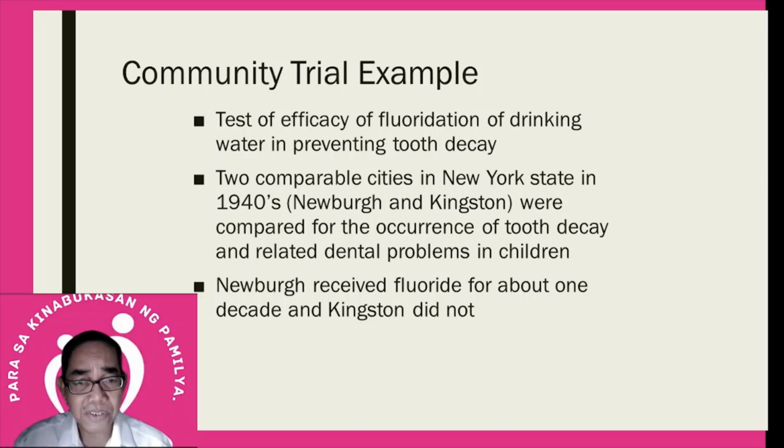Two comparable cities in New York State in the 1940s, Newburgh and Kingston, were compared for the occurrence of tooth decay and related dental problems in children. Newburgh received fluoride for about one decade, Kingston did not.